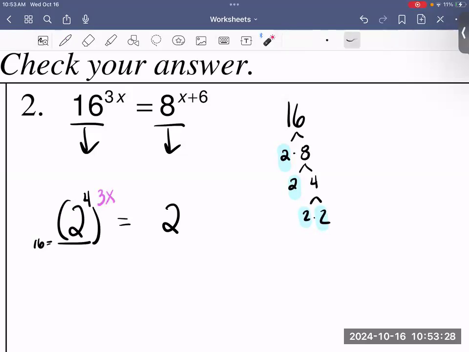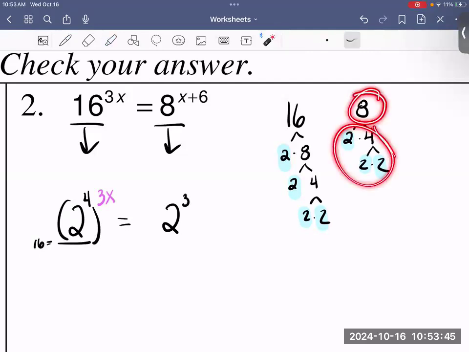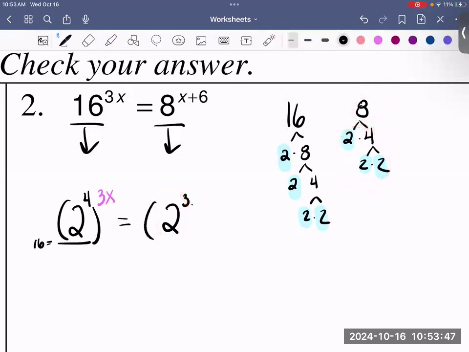Same thing here with your 8. 8 is 2 times 4, and 4 is 2 times 2. So 8 can be made up into a base of 2, and there's 3 2's found within 8. And again, this has its own exponent of x plus 6.